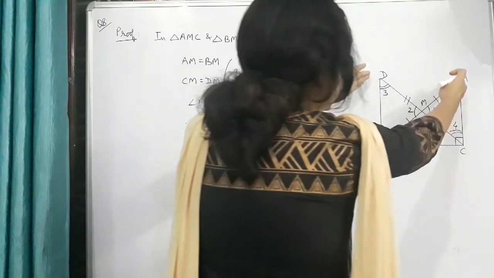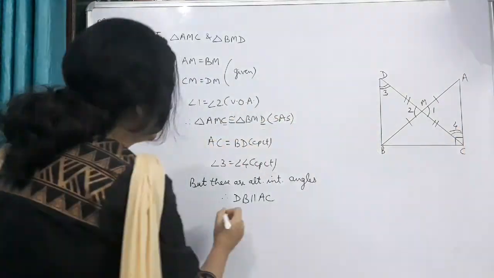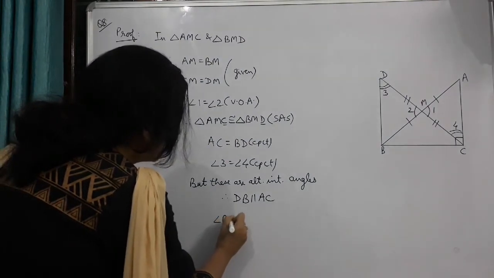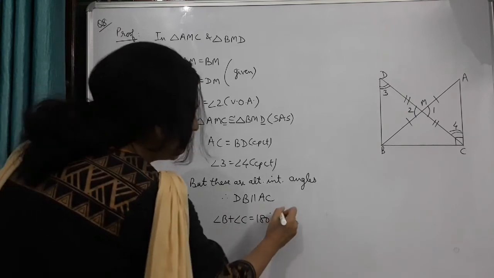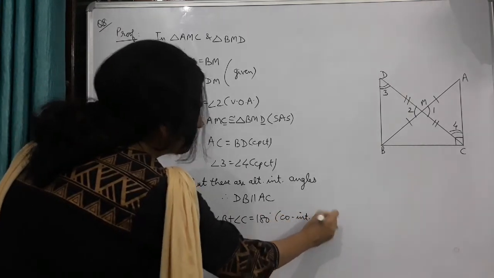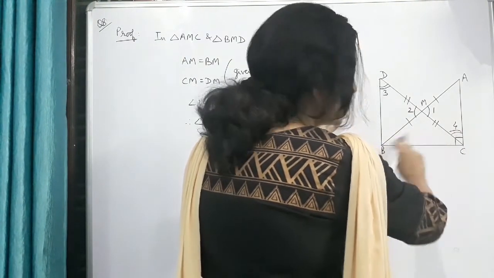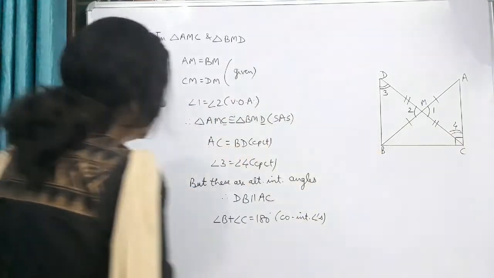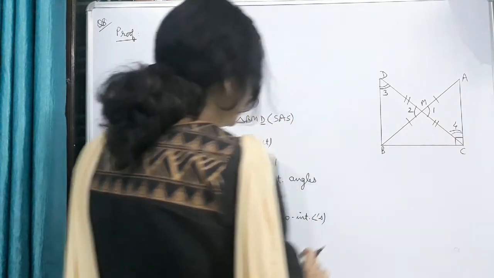Now if DB is parallel to AC and BC is the transversal, so angle B plus angle C would be equal to 180 degrees because they are co-interior angles, and we know that co-interior angles are supplementary. But in the question it is given to us that angle C is of measure 90 degrees.